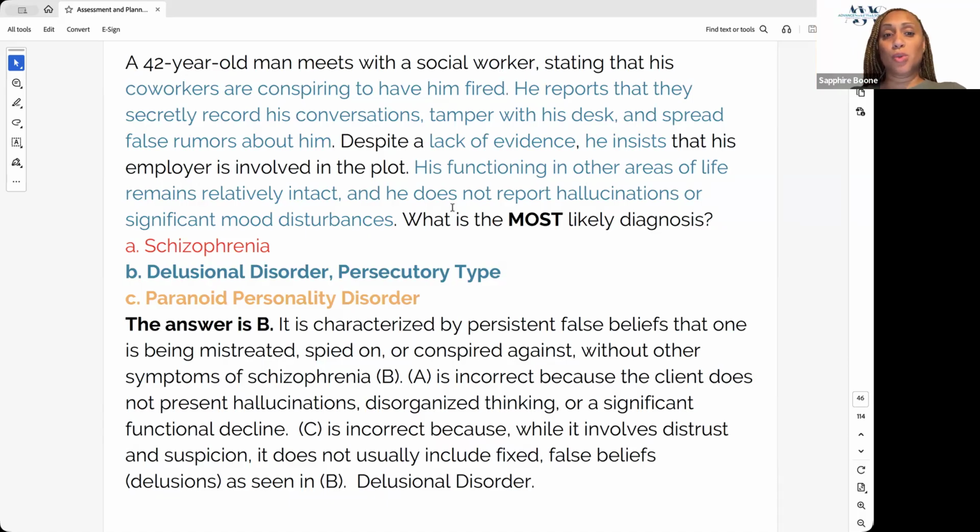But with delusional disorder, they typically are fine. They still go to work, they still function. The disturbance only really comes when you try to tell them that the false belief is not real, right?